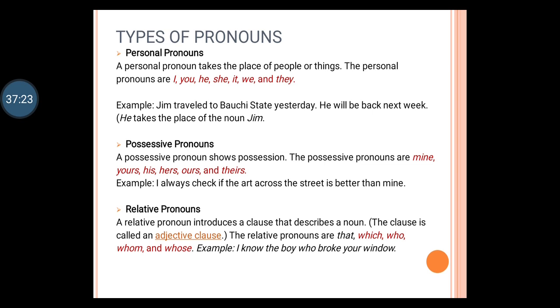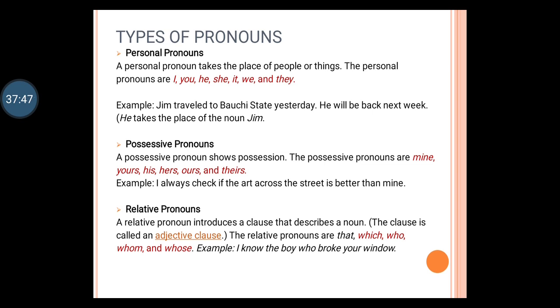If I still have something else to say about Jim in another sentence, instead of using Jim, I can just use he. This helps to make what you are saying or what you are writing not look dull and clumsy.